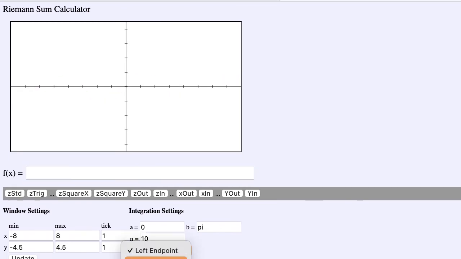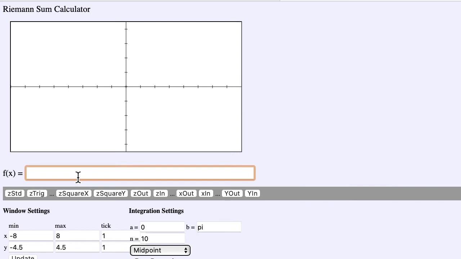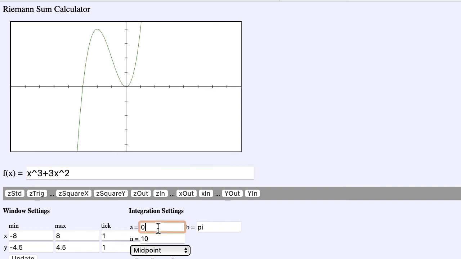If I set this to midpoint, and I give it the function we were looking at, x cubed plus 3x squared, n equals 4, and go from -3 to 1, I've got to click this to draw the rectangles in.